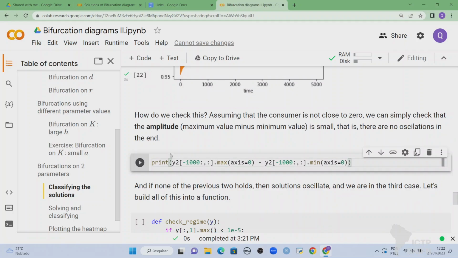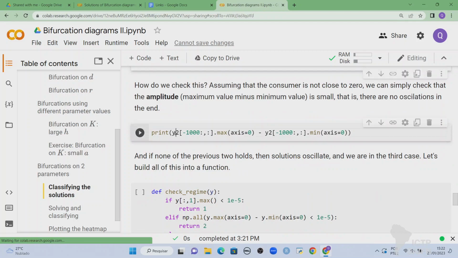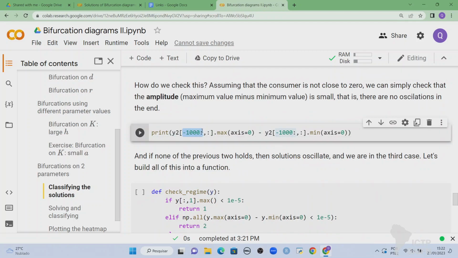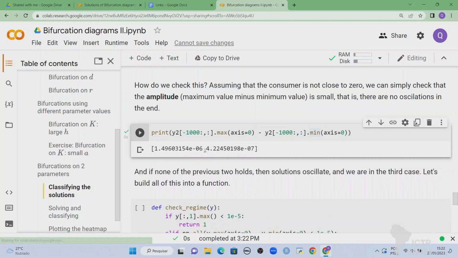I call the solution y2, and I take the last 1000 values, take the maximum, and subtract the minimum. So the maximum minus the minimum is the amplitude. And when I run this, I get 10 to the minus 6 for the resource and 10 to the minus 7 for the consumer.